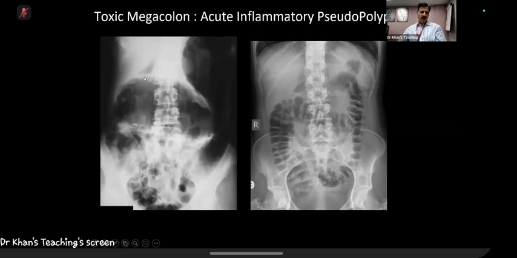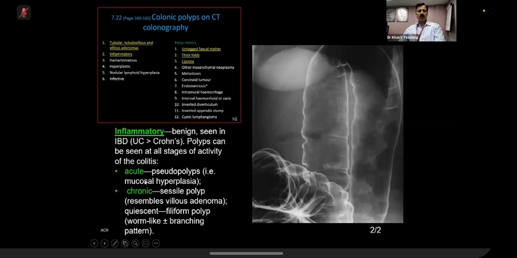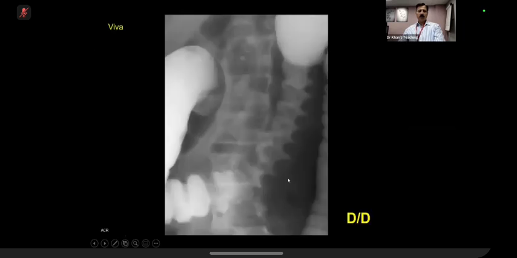There are thumbprints, where I'm pointing out. And look here, what is projecting inside. This is what we call pseudopolyps or acute inflammatory polyps. So this is nothing except mucosal hyperplasia. What do you call this appearance?